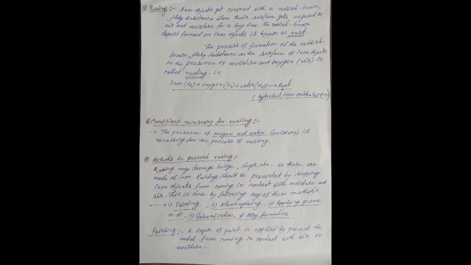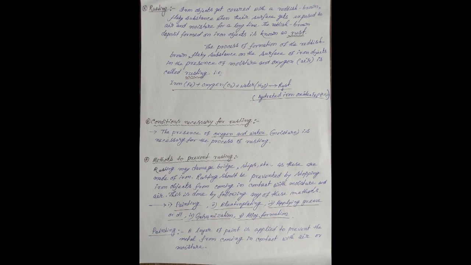Rusting also requires the presence of oxygen and is an oxidation process. The third point is a difference. Water will prevent combustion. In rusting, water is essential for the rusting process. Combustion is a very rapid process. Rusting is a very slow process.